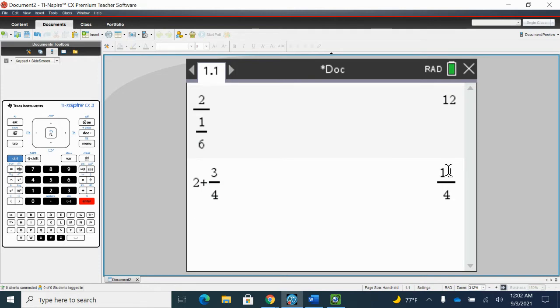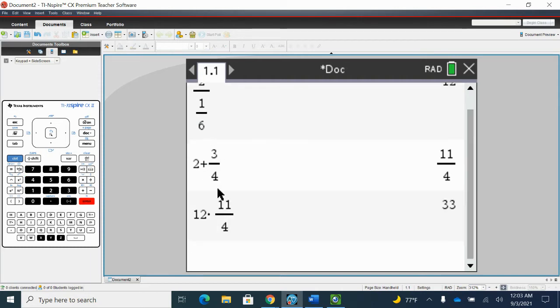Now I can enter my equation: 12 times 11/4. Again, you can turn this into a decimal, 12 times 2.75. That will work just fine as well.